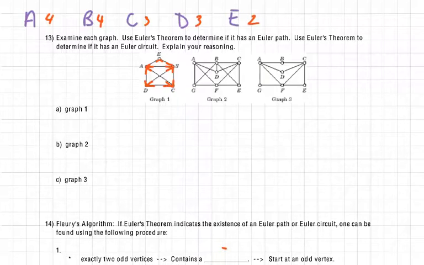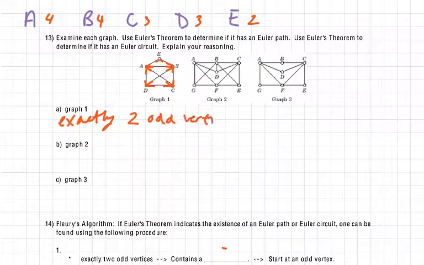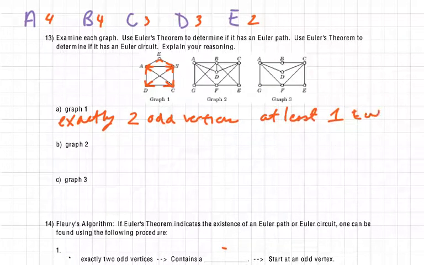So graph 1 has exactly 2 odd vertices. Because of that, it would have at least one Euler path, but no Euler circuits.